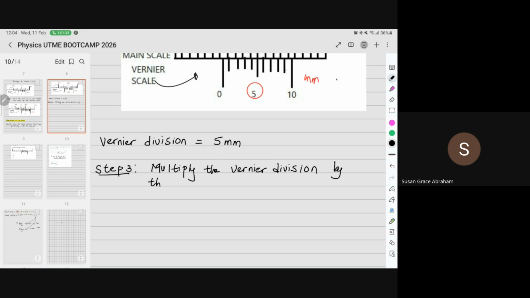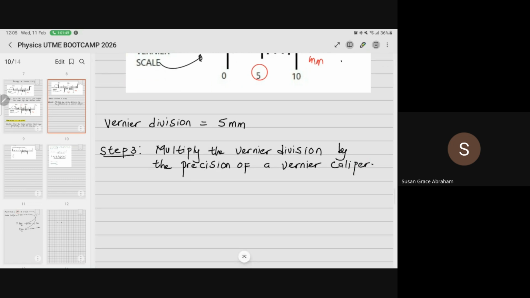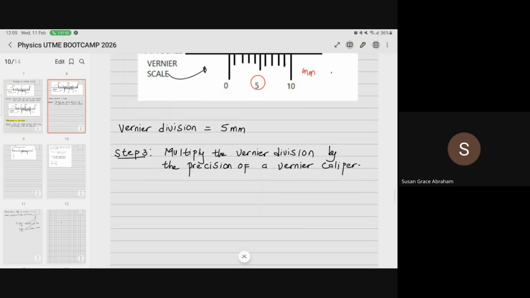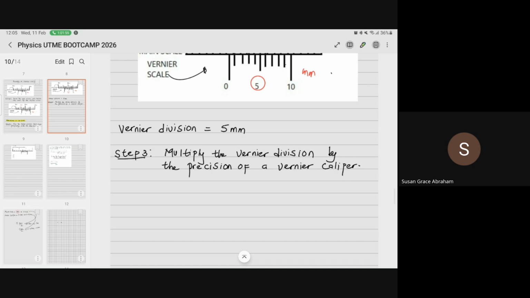By the precision of a vernier caliper. So who can tell me, Susan, what am I going to multiply by? What is the precision of a vernier caliper? 0.1 millimeter.